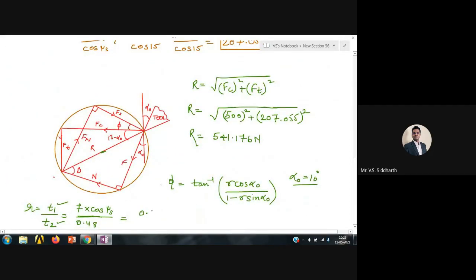So 0.16 multiplied by cos 15, divided by 0.48.